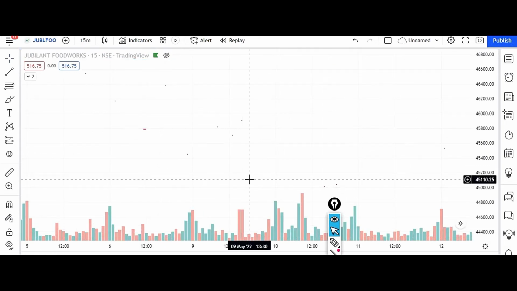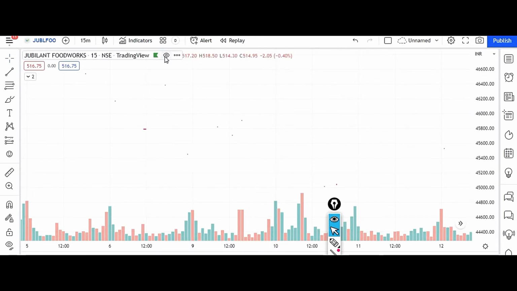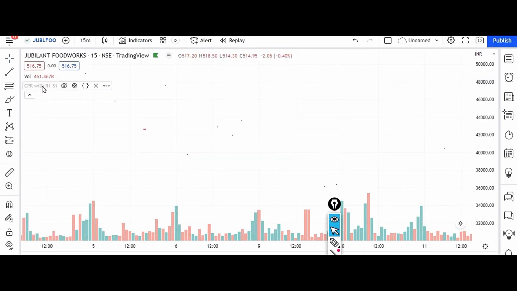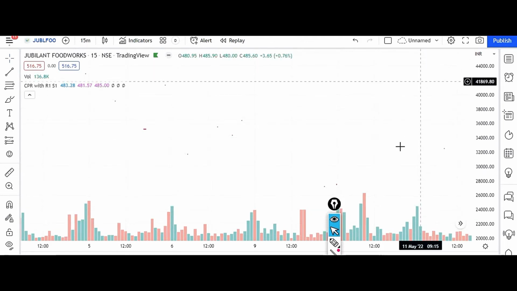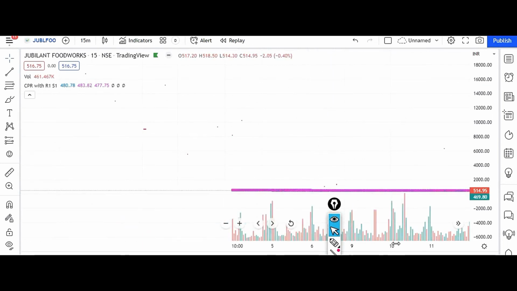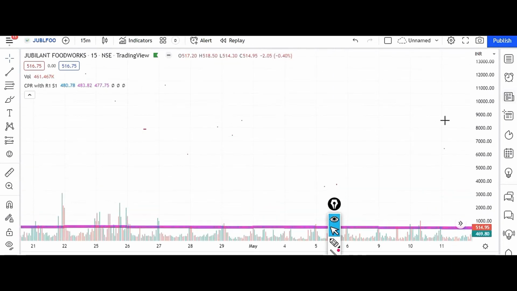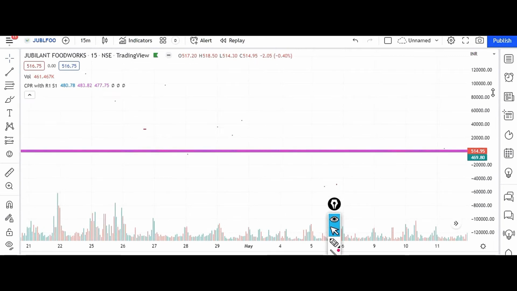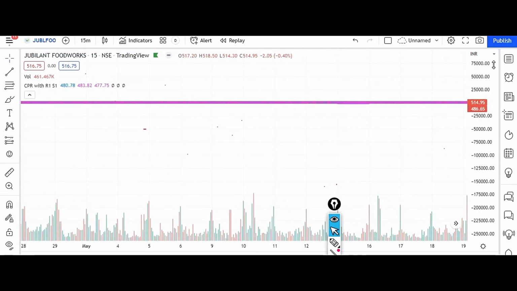We are in Jubilant Foodworks. I am switching on the price. This is the price.